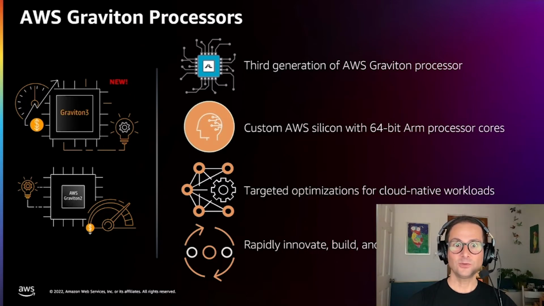So we are now using the third generation of Graviton processors, the Graviton3. All those processors are custom AWS silicon using the ARM64 architecture, and they're optimized to run cloud workloads. Building our own processor is a way for AWS to rapidly innovate, build, and iterate on behalf of our customers.